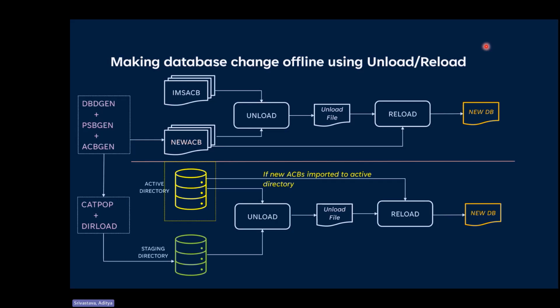And then basically, because those control blocks need to be refreshed because the definition has changed as per this staging directory, you run those tools and it refreshes your control blocks. After which you bring your database online to start using it. Okay.